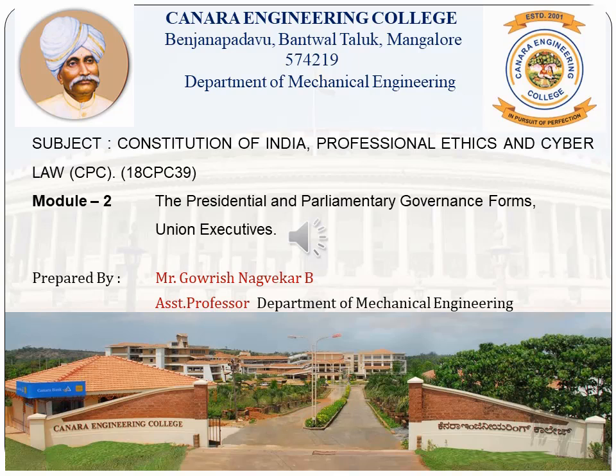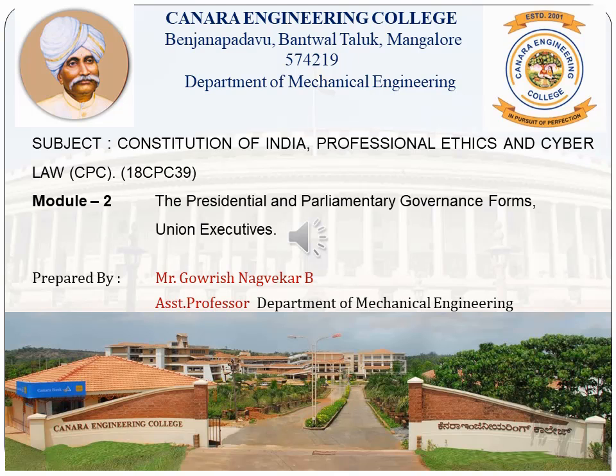In this video, we shall see about the presidential and parliamentary governance forms, the various offices that are prescribed by the Constitution of India for the presidential and parliamentary governance forms. What are the roles and responsibilities of the union executives?